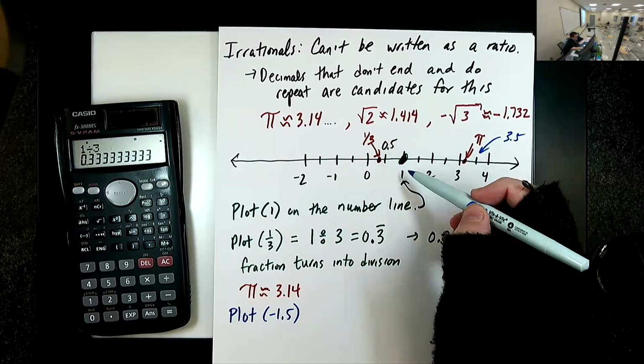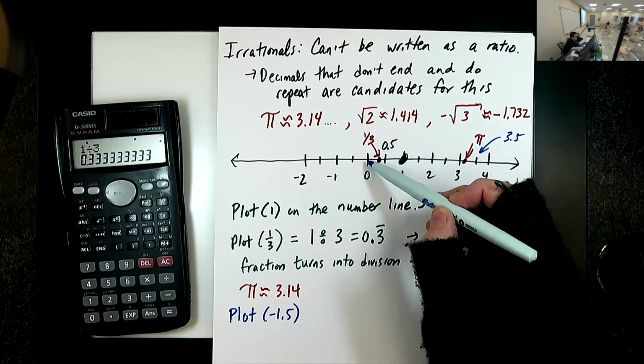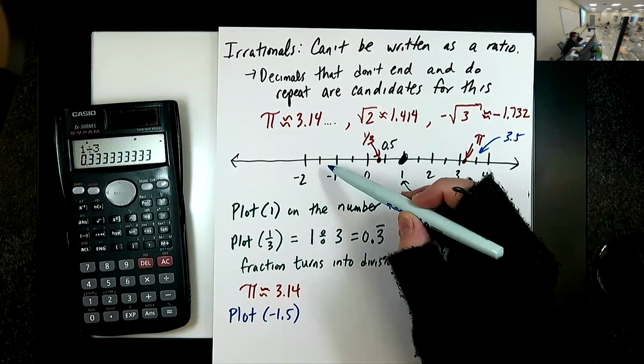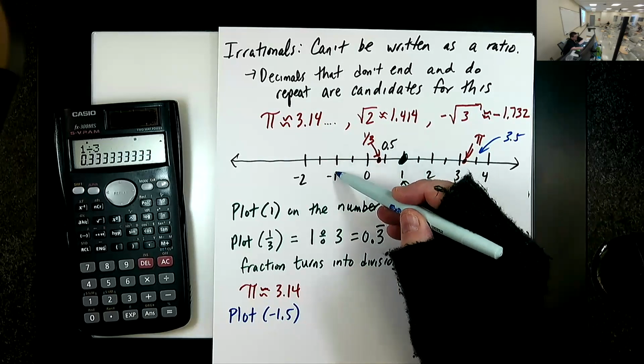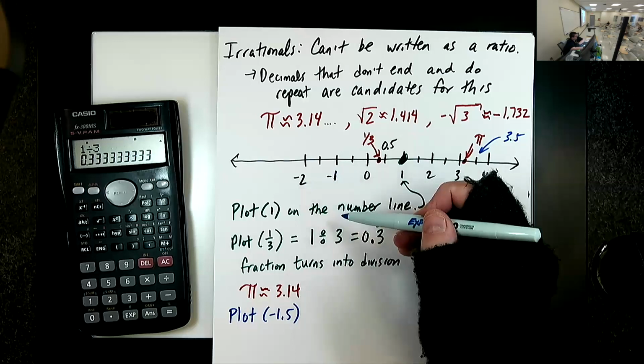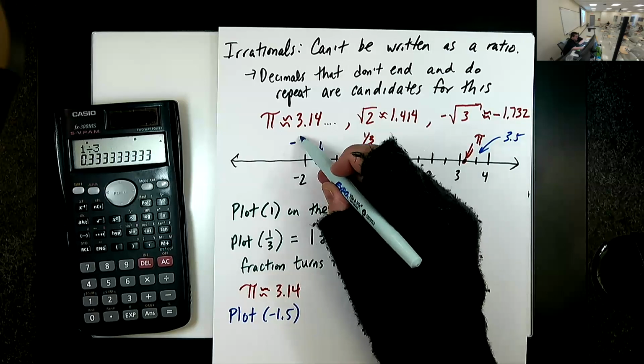Now, unlike numbers that go up as they go to the right, the negative numbers become more negative as they go to the left. So negative 1.5 is halfway between -1 and -2. Negative 1.5 should be right there.